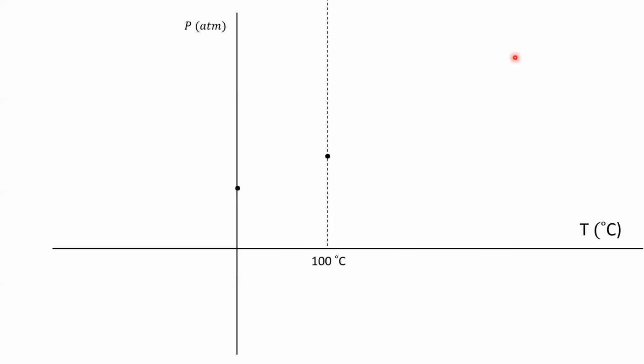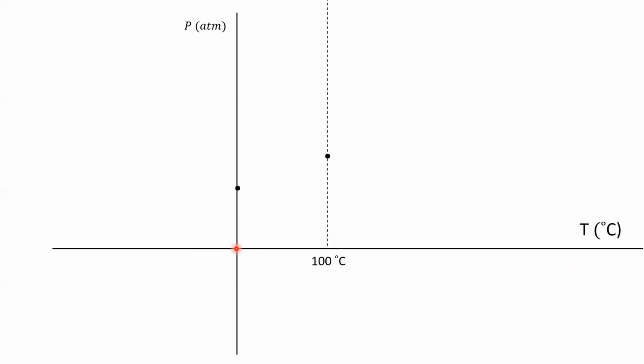Okay, if you were to immerse your constant volume gas thermometer into a bath of ice water, I've got a temperature axis here and a pressure axis here. You could be confident that the temperature of the ice water was 0 degrees Celsius, and given enough time, the gas within the thermometer would also reach that same temperature, 0 degrees.